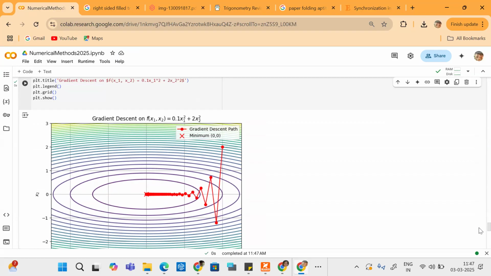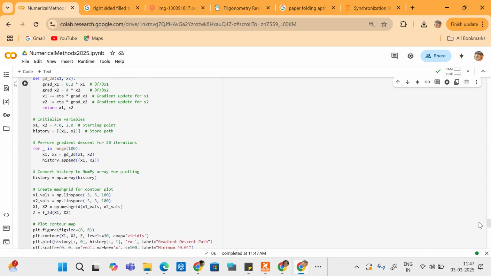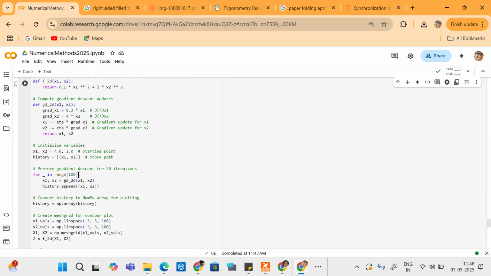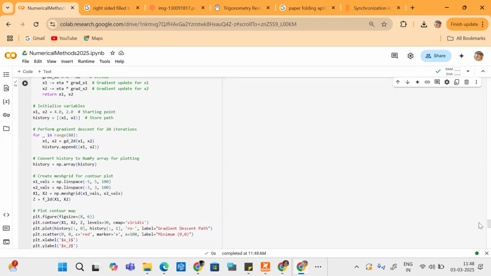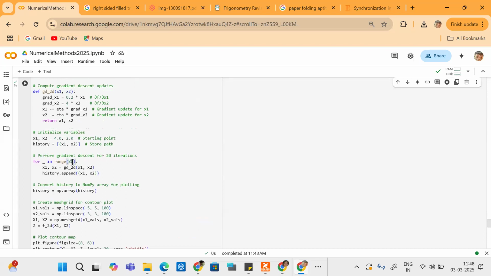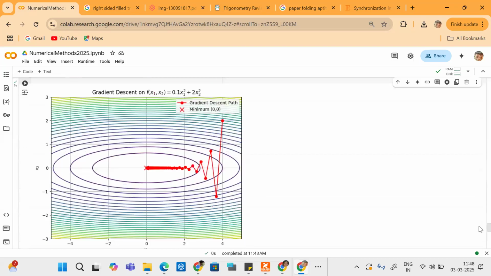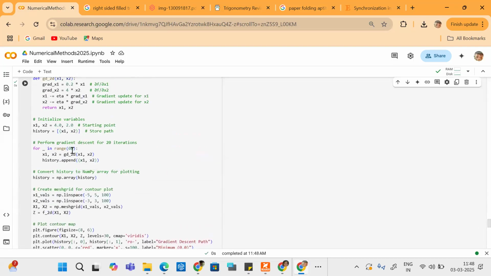At 100 it converged. But is 100 more or less? Maybe it can converge in 80 also. Can it converge in 60? How much do you tell? 40?